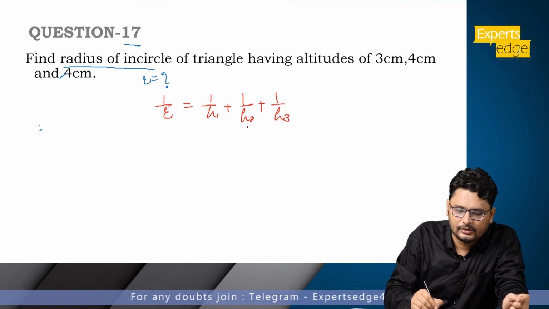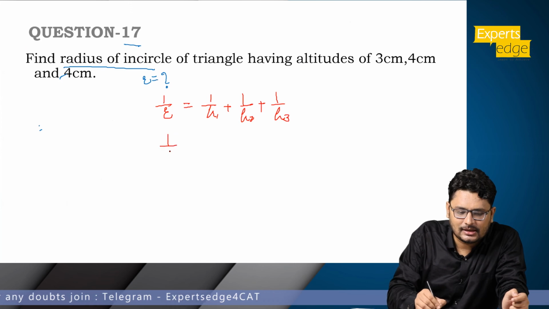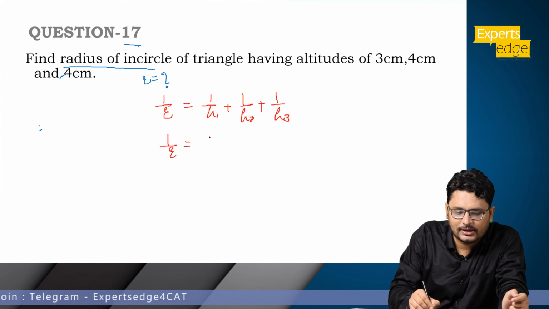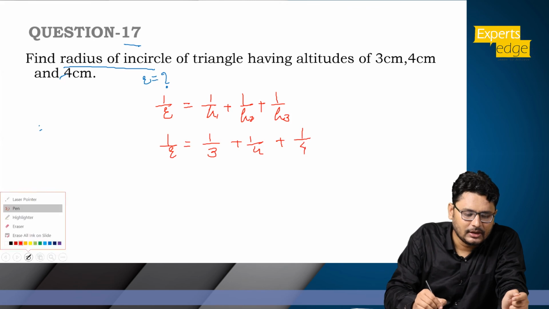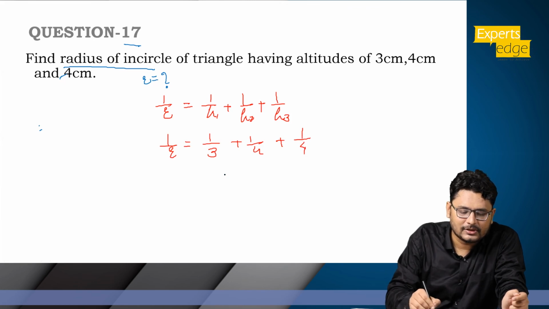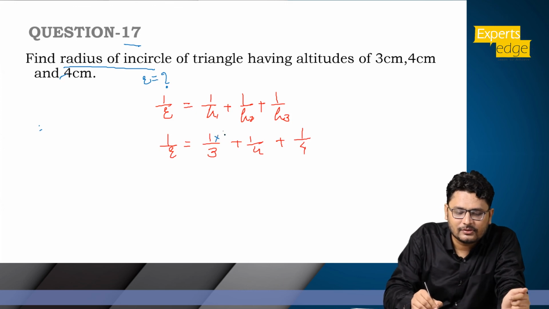ठीक है? So here the in-radius is asking is equal to height 1 is 1 by 3 plus 1 by 4 plus 1 by 4. ठीक है? Just we need to solve it. So I need to multiply what with the LCM of 4 and 3 is nothing but 12. तो यहाँ पे मैं ऊपर नीचे 4 से मल्टीप्लाई कर देता हूँ, यहाँ पे ऊपर नीचे 3 से, right?